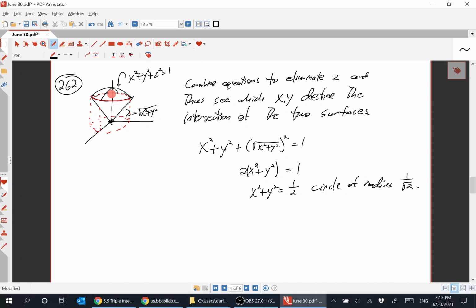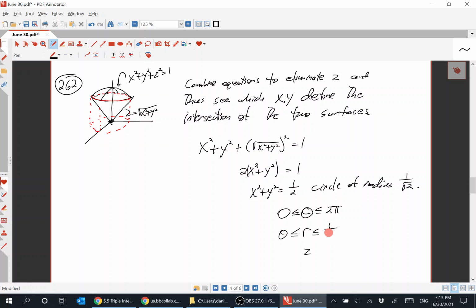So to describe this region in cylindrical coordinates, theta, r, and z. Well, the theta is making a full rotation around, so 0 to 2 pi, obviously. What about the r? Well, the x and y are defined by this disk, the circle of radius 1 over root 2.